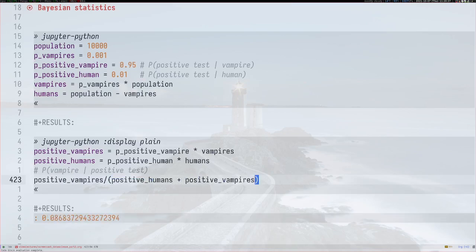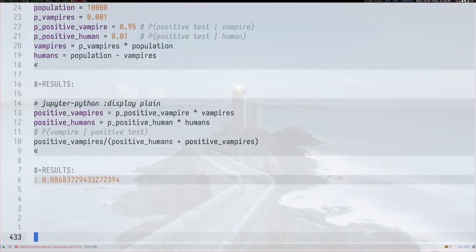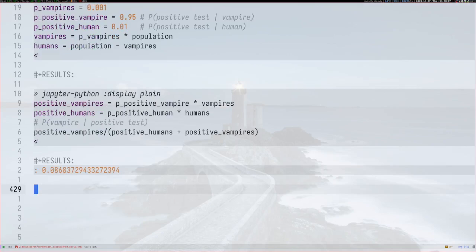When I run this, it turns out that this probability is about 8%. So even though this person has tested positive and tests are pretty accurate, it's highly unlikely that the person standing in front of me is a vampire.